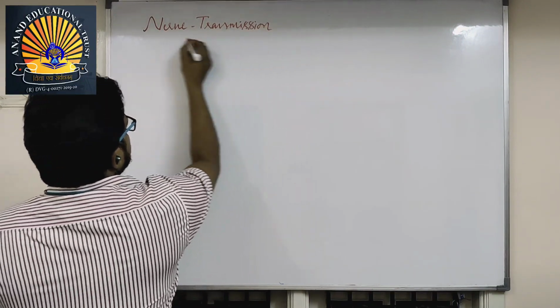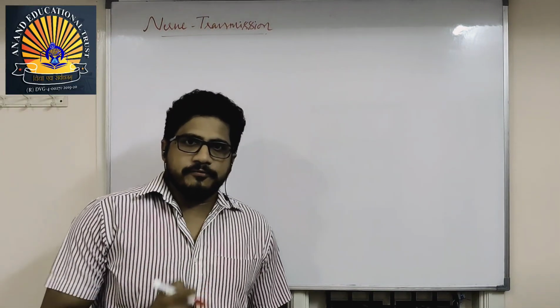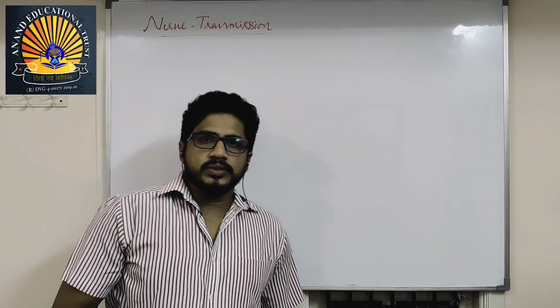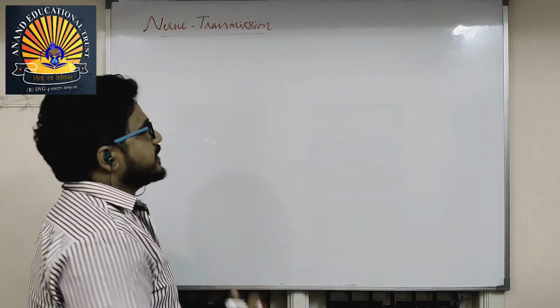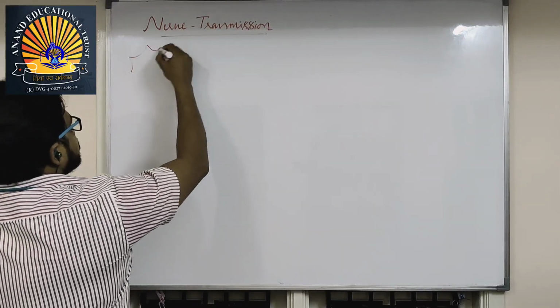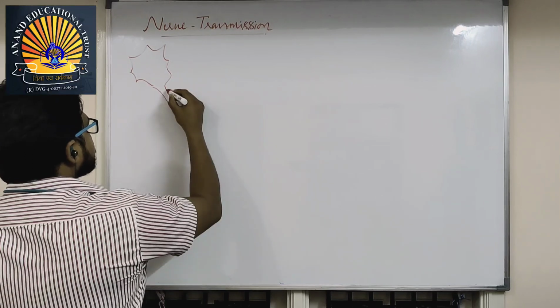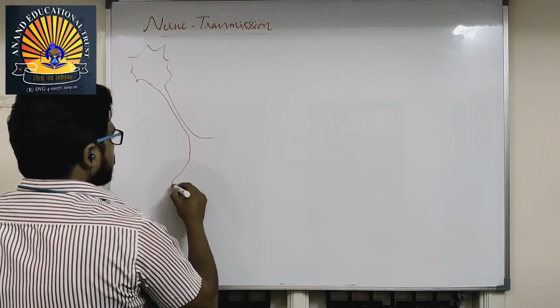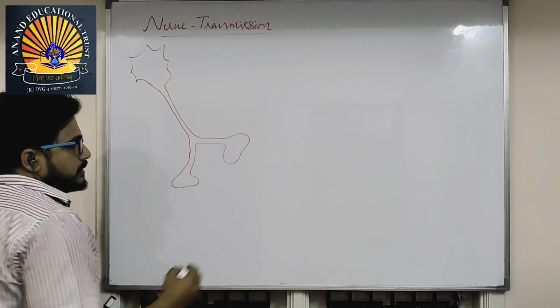During neurotransmission, nerve impulse information is passing from one neuron to another neuron through nerve junctions. Such nerve junctions are called synapses. Let us see what exactly it is. This is one neuron. They are axon terminals, also neuron terminals.